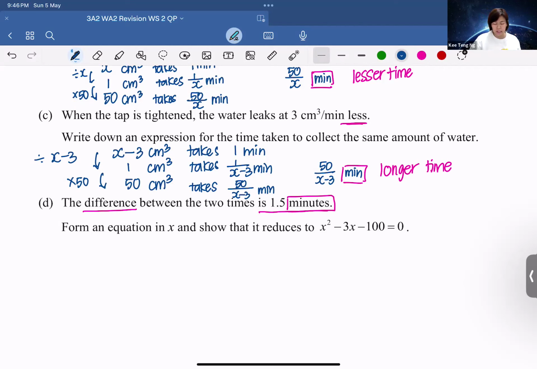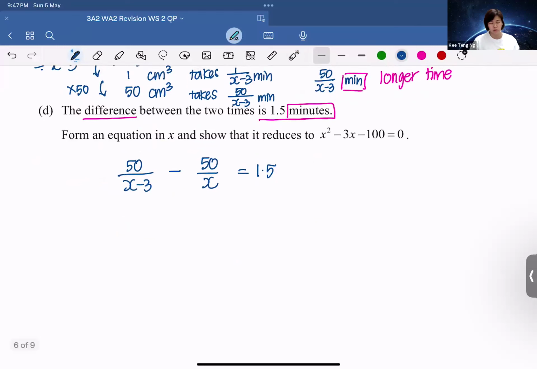So in this case, the longer time is 50 over x minus 3, subtract the shorter time, 50 over x. And this timing, the difference, equals 1.5 of a minute. All three of them have the same unit, so I'm not going to do any changes, and we will continue with this.